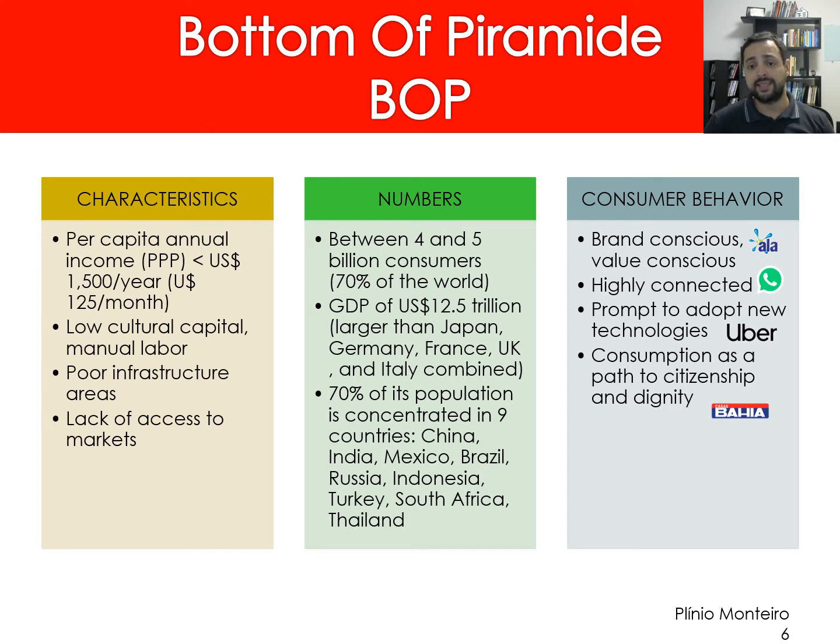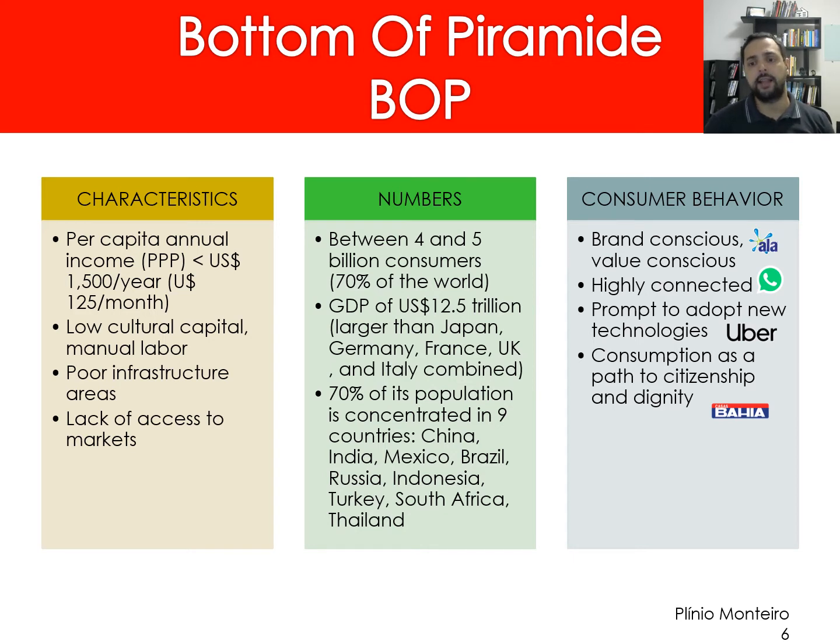Basically, we can say that this number is very close to the GDP of Japan, Germany, France, United Kingdom, and Italy combined. And basically, 70% of these bottom of pyramid are now located in 9 countries: China, India, Mexico, Brazil, Russia, Indonesia, Turkey, South Africa, and Thailand.